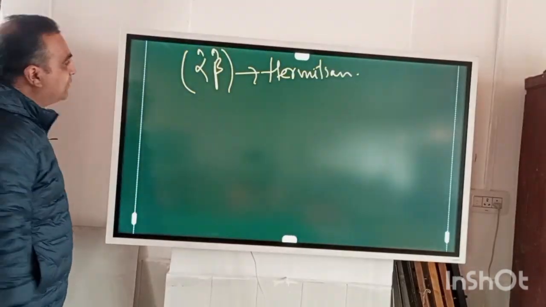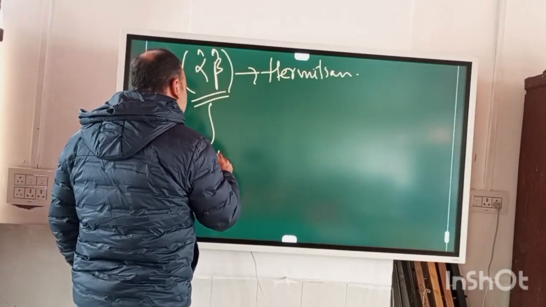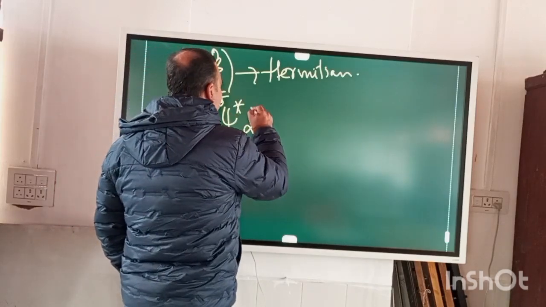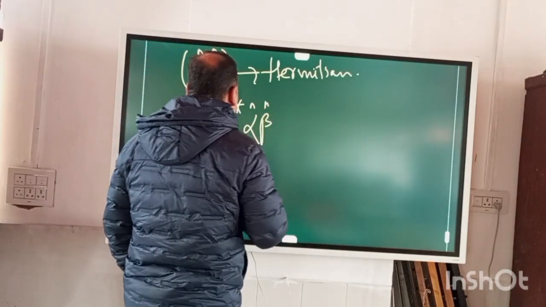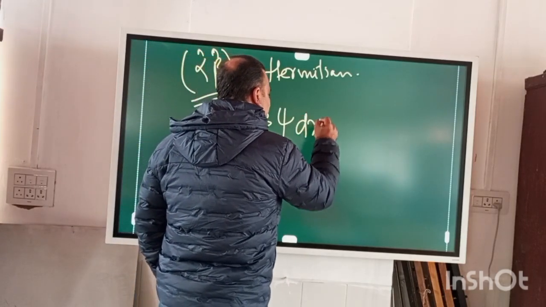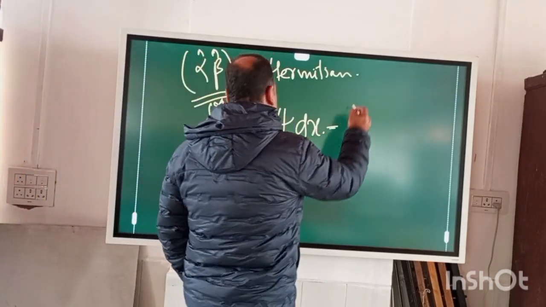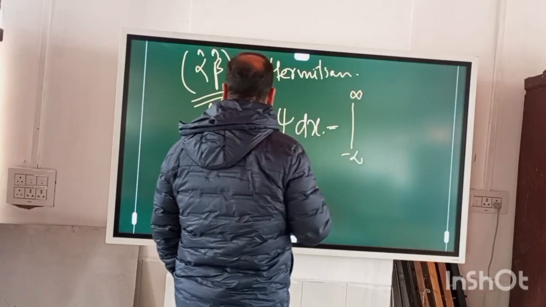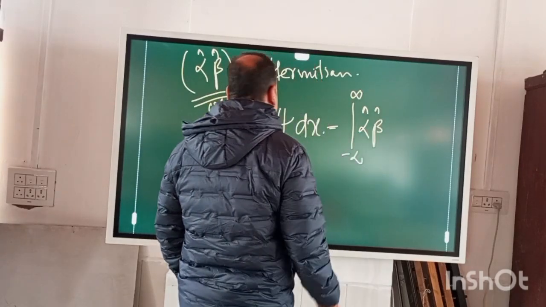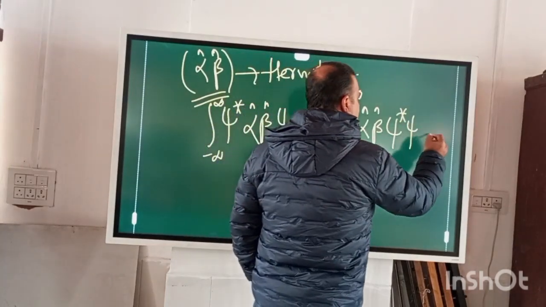So if this has to be Hermitian, it should satisfy the integral from minus infinity to infinity of psi star, then alpha cap beta cap, and let me use the same psi, dx, if we take it in one dimension, is equal to the integral from minus infinity to infinity of alpha cap beta cap psi star, psi dx.